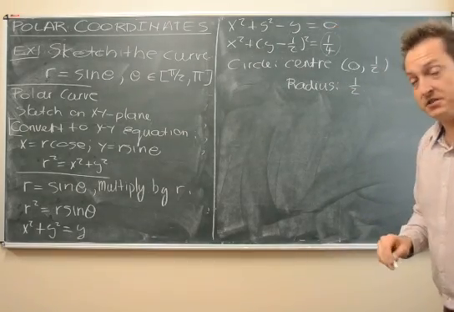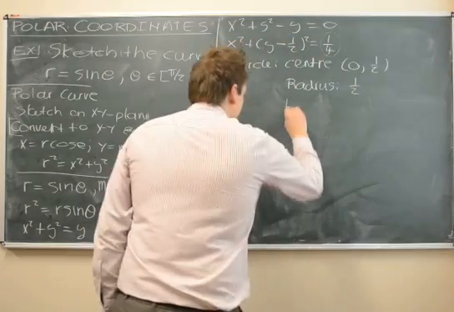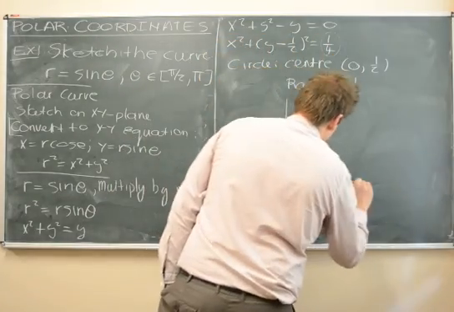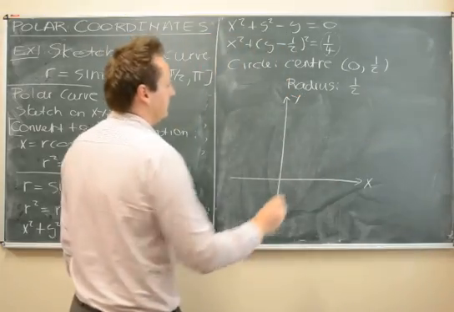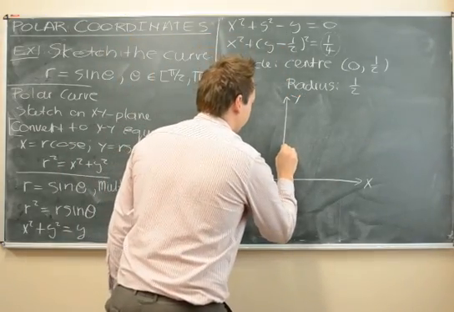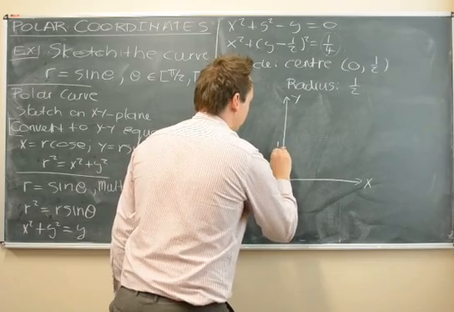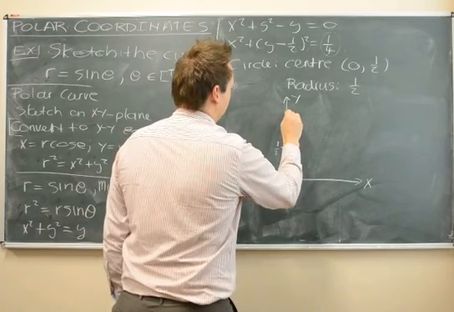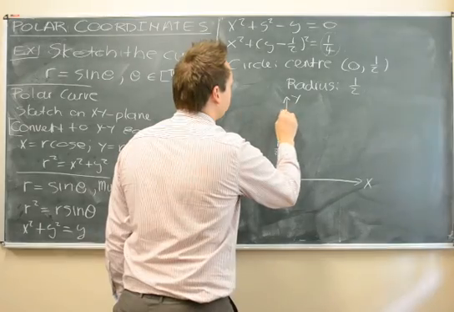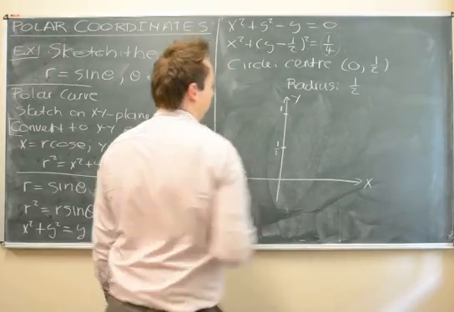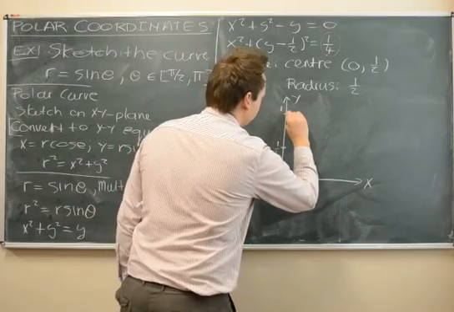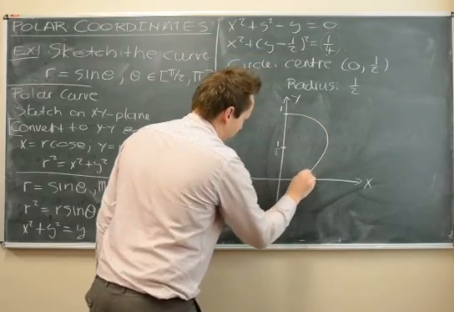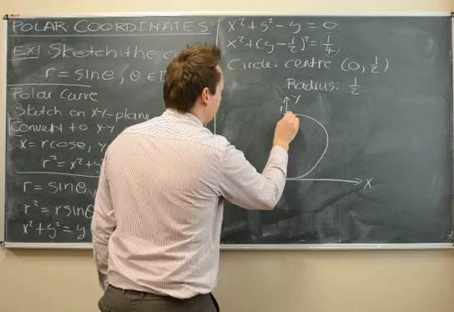So now let's sketch this curve. Our center is there, y equals a half. The radius is a half, so we'll go up to 1. Okay, so now let's sketch it. We'll try to sketch it. And there's half.